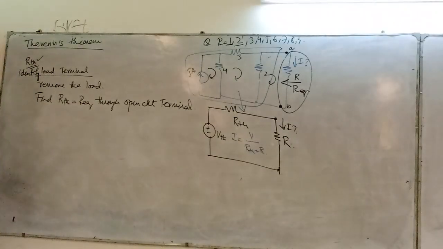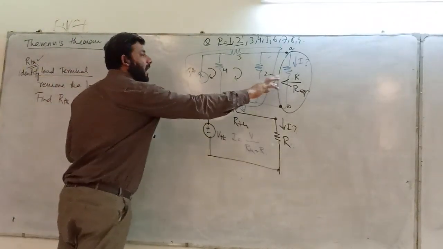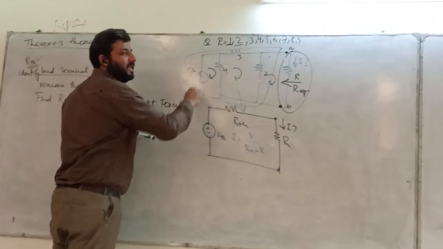Now remember, you cannot find the R equivalent if sources are alive.